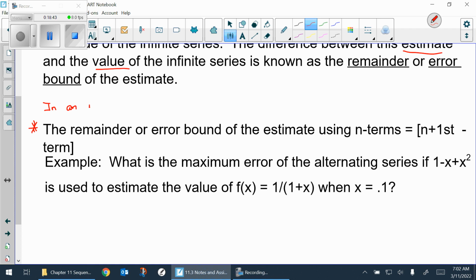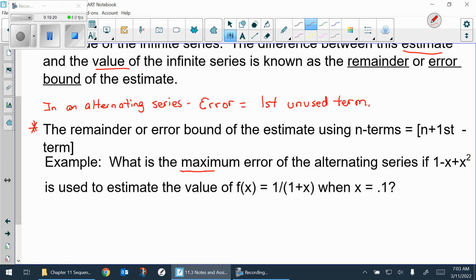In an alternating series, the error equals the first unused term. Okay.